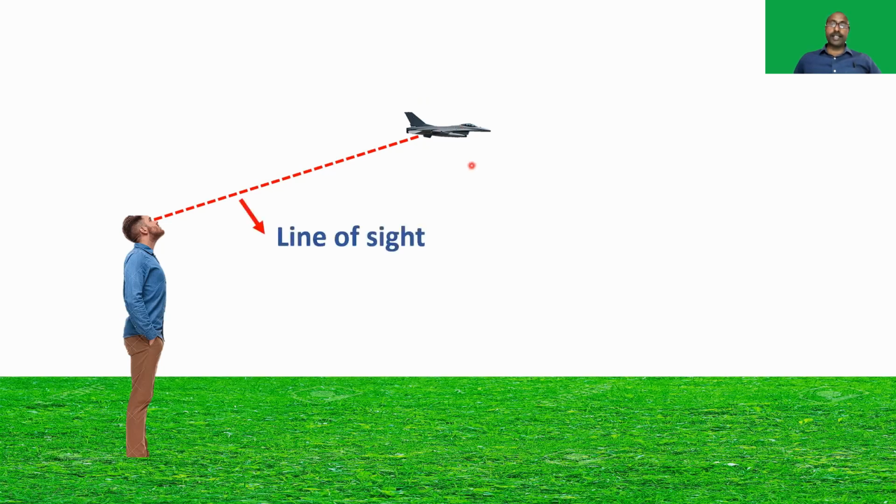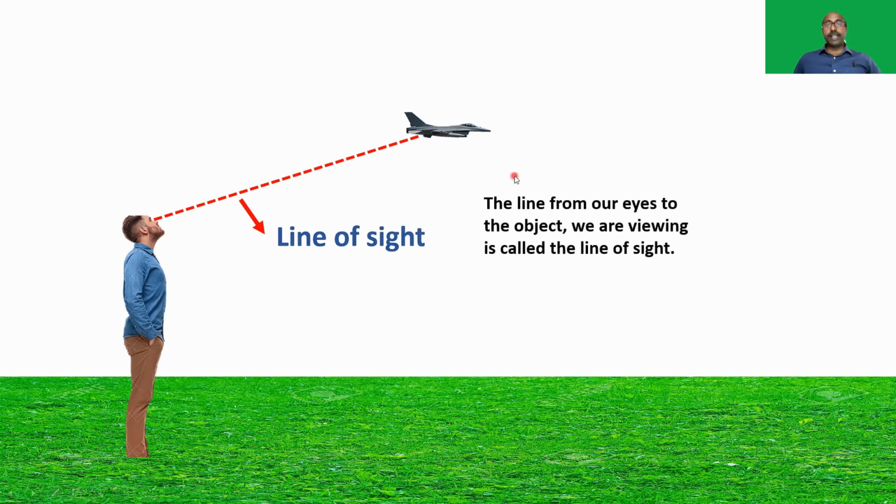We can define the line of sight as the line from our eyes to the object we are viewing.